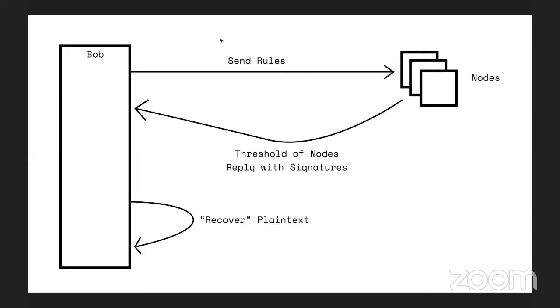So the SDK handles most of the abstraction here about sending to nodes and picking a threshold. But the general idea is that as long as over 2/3 decide that it is true, then you can use a subset of your responses to recover that plain text.